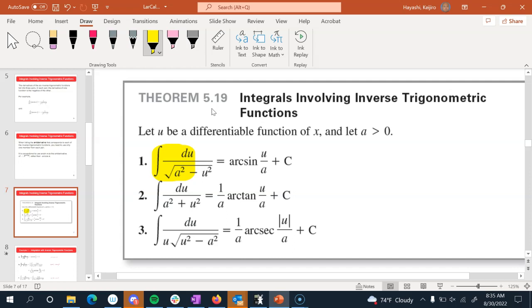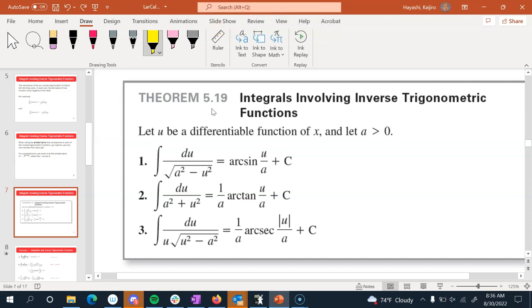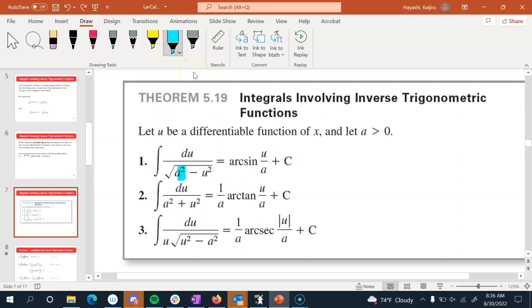I'm just going to end up highlighting the whole thing, because every piece is important. But specifically, note that it's no longer necessarily 1 minus u squared or u squared minus 1 or 1 plus u squared anymore. It doesn't have to be 1 anymore. It can be any constant.